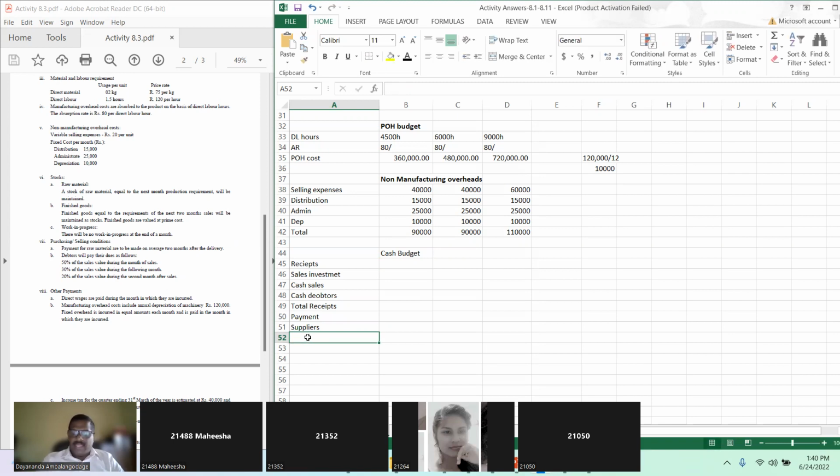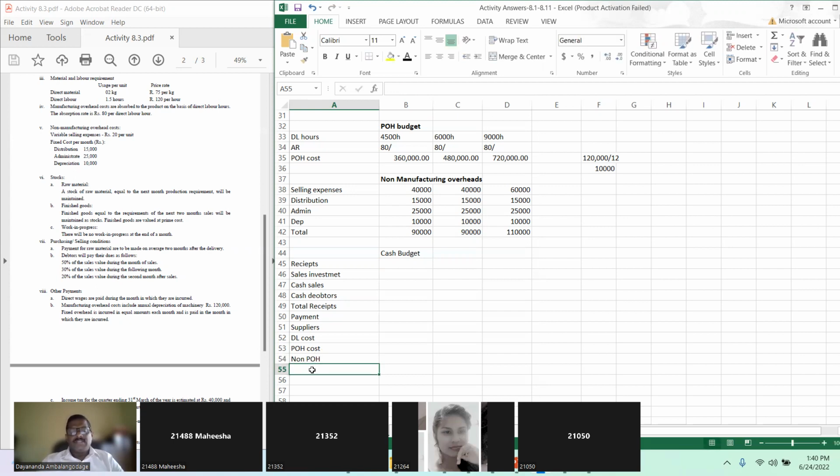Then you have to pay direct labor cost. Then you have production overhead cost. Then you have non-manufacturing, non-production overheads.